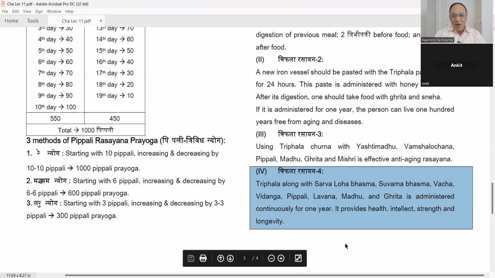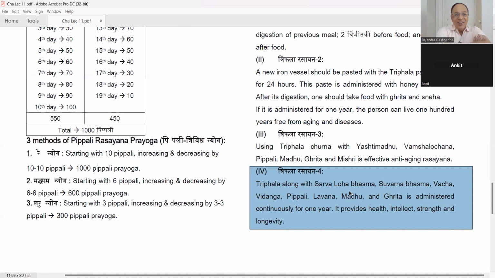Triphala along with the Sarva Loha Bhasma. Very rarely has Charak used any metal or dhatu. Sometimes, very rarely. Because at that time more herbs were used, not minerals. Rasa Shastra was not developed in Charak's time. Remember these things.